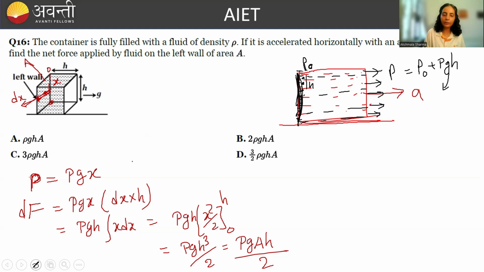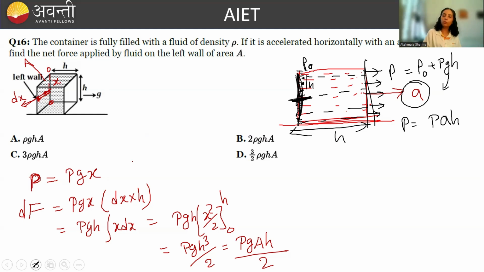So if we talk about the pressure at any point because of this acceleration, the pressure here will be equal to how much? Its distance from this end is h. So pressure is rho a h: rho into acceleration into its height.